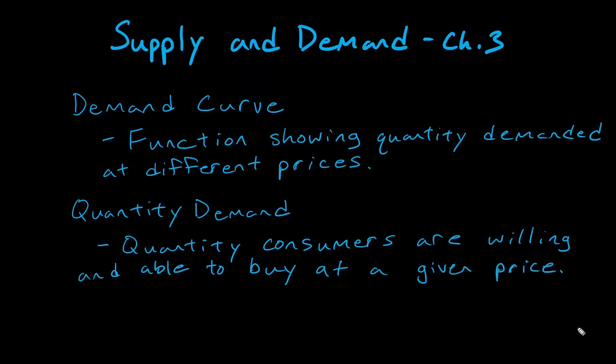Right, so quantity demanded is a part of the demand curve. It's one of the things that determines what the demand curve would look like, but it is just a singular instance. At one price, how much do people want? The demand curve tells us at every price, or every price in the range of possible prices, at each of those prices, how much do people want?